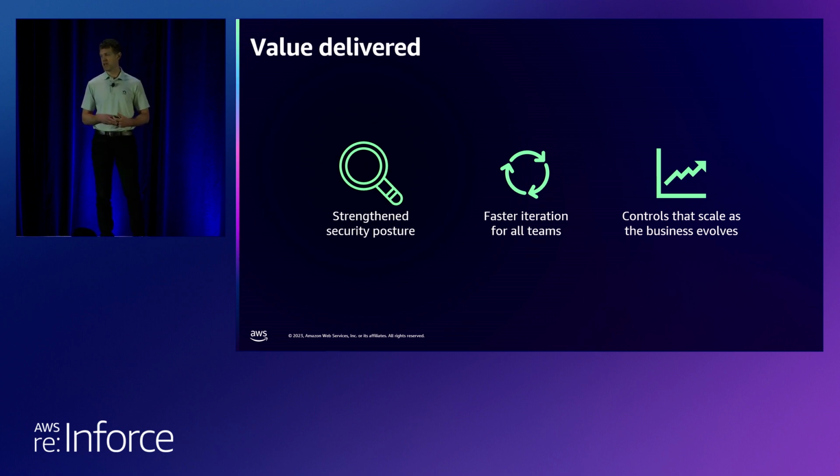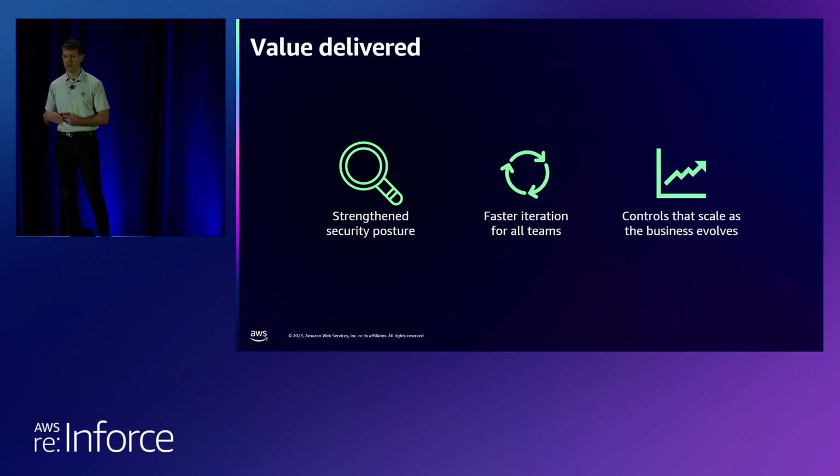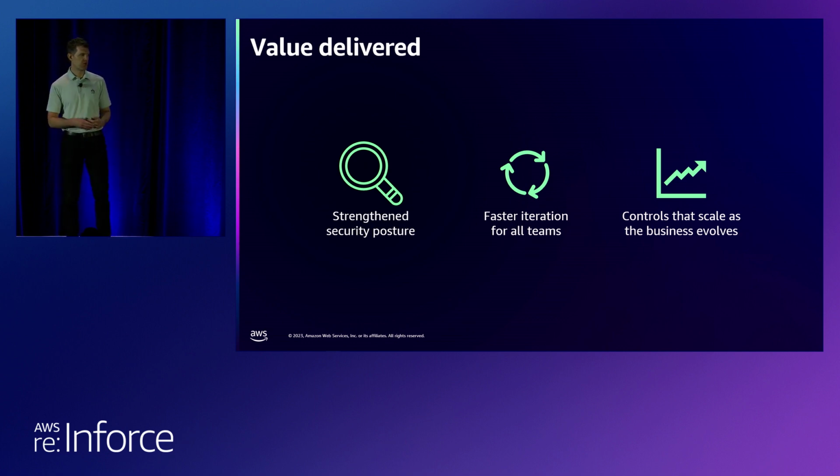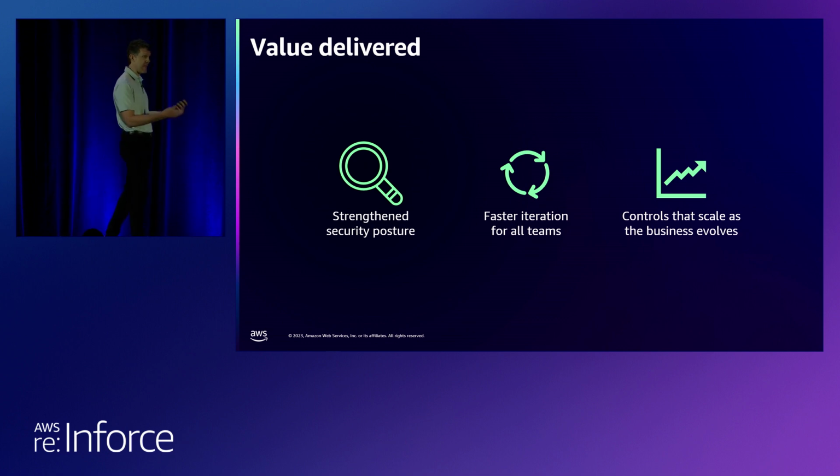Our application teams can now measure the time that they're blocked in minutes as opposed to hours or days. And we've also given time back to the security teams. No longer do they have to embark on the cumbersome, manual, error-prone process of actually applying policies to endpoints. And we've also delivered controls that scale, that can meet the needs of the business today and in the future.